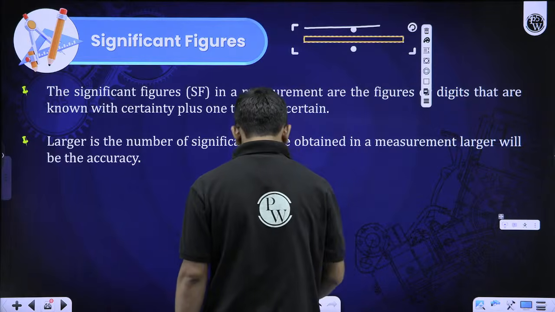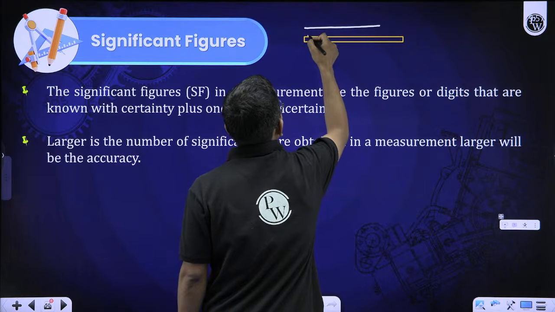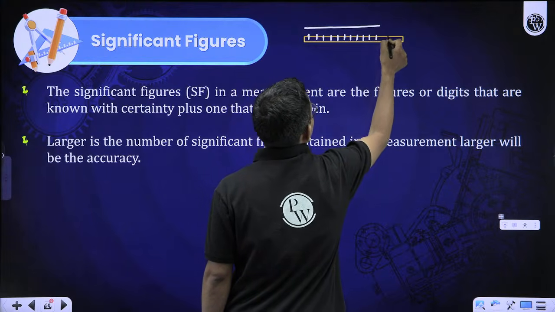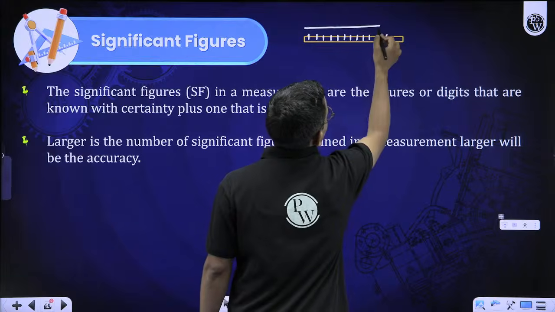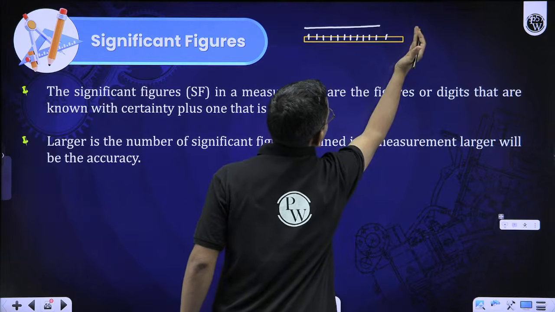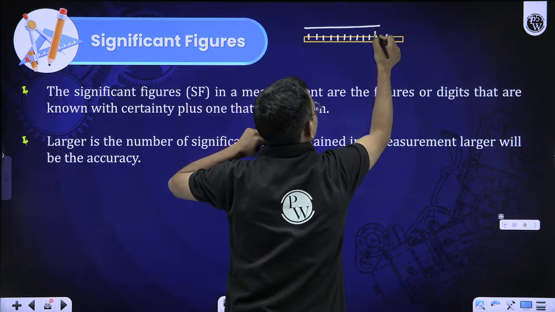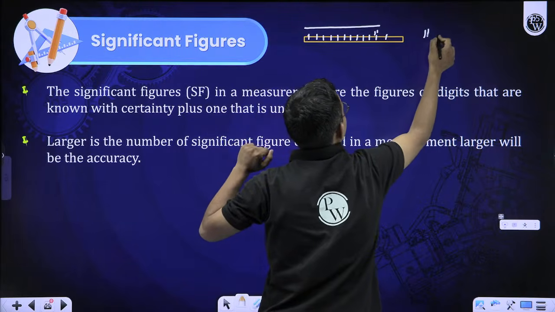You are putting the scale here. The scale is having some marking 1 2 3 4 5 6 7 8 9 10 11 12. So it was ahead of 11, but you can say before 12. So this is 11 and you told this is 11 centimeter.